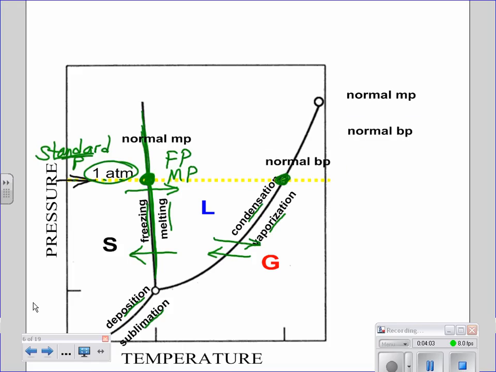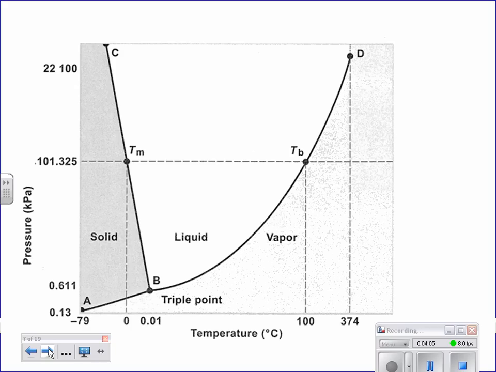So let's go to the one that you guys have. Okay, so you have this in front of you. And we can go ahead and label a couple things about it before we answer some questions. We already have listed, we've got solid, liquid, and vapor. And we can write those things down that we just saw on the previous slide. If you have a solid changing to a liquid, what do you want to call that?